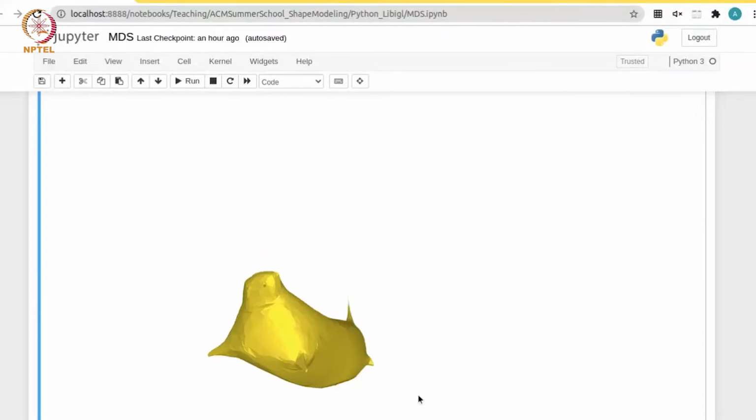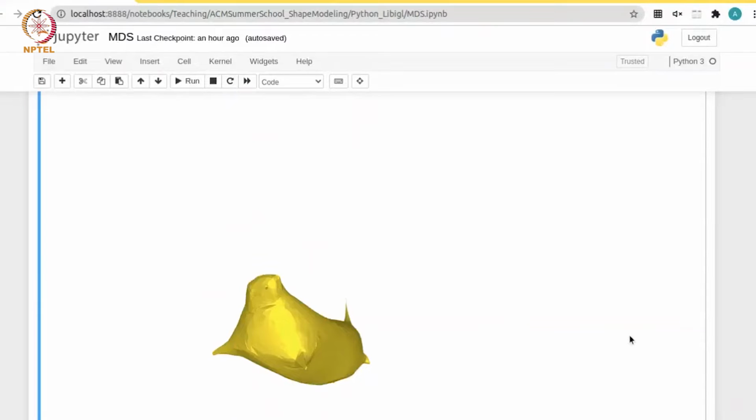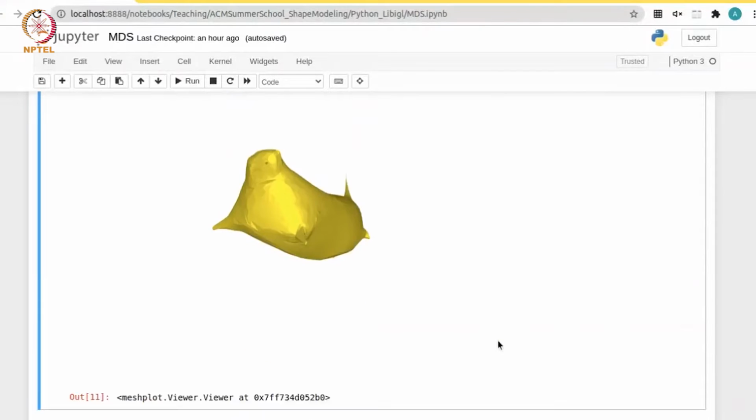I do not know how to plot both these surface meshes in the same figure in Python, excuse me for that. Does anybody know how to plot both these meshes on the same figure? Otherwise, you'll have to just look at both of these.